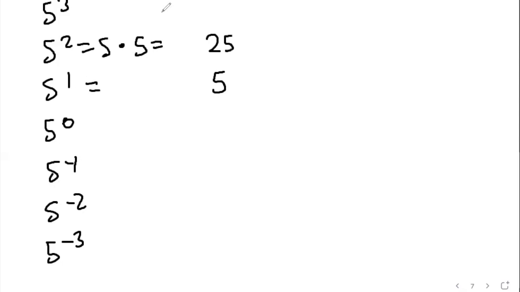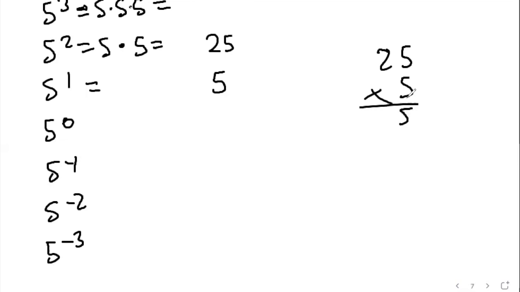And 5 cubed, there are three fives we're multiplying. 25 times 5 is 125. So we have 125, 25, and 5.